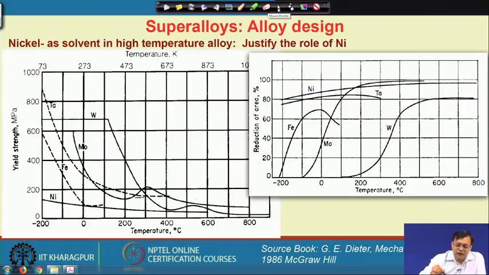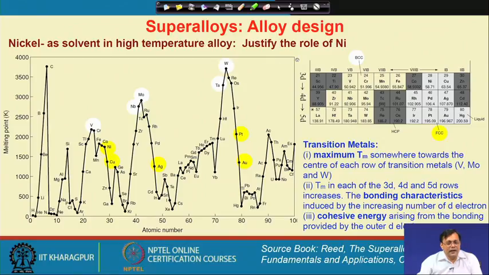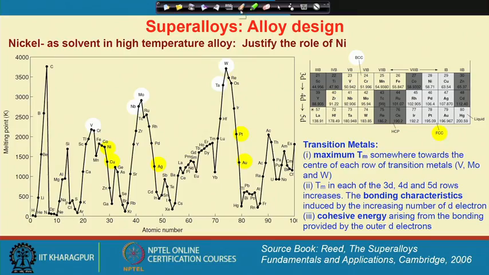Now, so far we have only talked about FCC metal and why an FCC should be chosen for high temperature. Is there any other aspect? Yes, let us see the whole periodic table of elements. And very interestingly, I just plotted here the atomic number with the melting temperature.